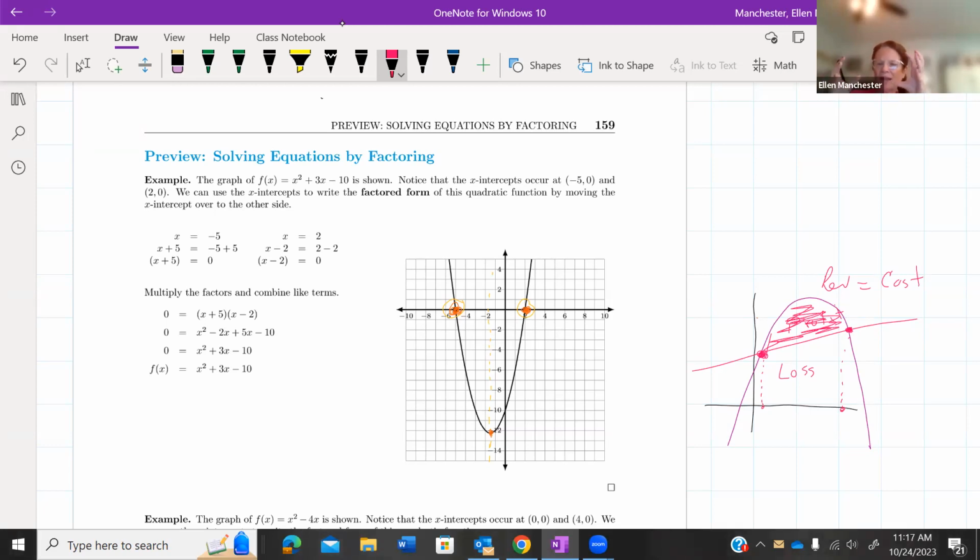We have to figure out what that interval is and be able to work within it to keep our company in a profitable situation. So that's where we're going with it. That's the understanding of, I have to know how to do this so I can get to this point. Okay, so now let's get back to the factoring.